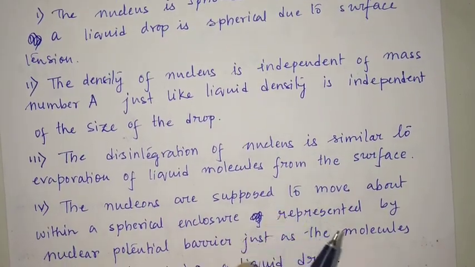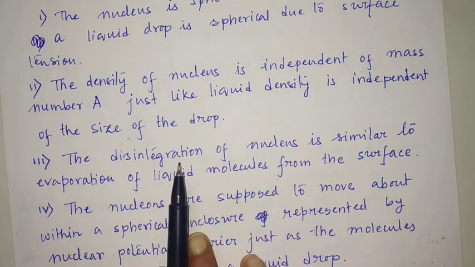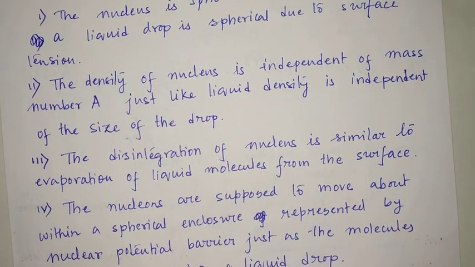Number 3 is that the disintegration of the nucleus is similar to the evaporation of liquid molecules from the surface. During evaporation, the liquid molecules absorb latent heat from the surroundings and leave the liquid surface to become gas molecules. Similarly, when does disintegration or decay of a nucleus happen? In the case of radioactive decay.